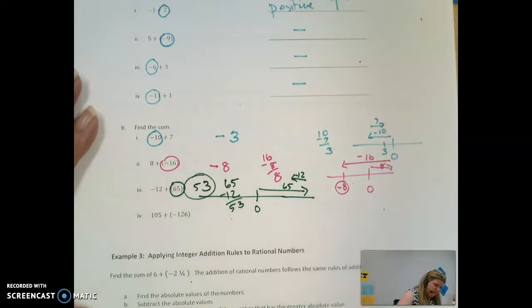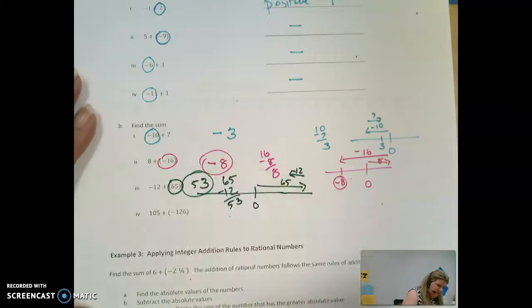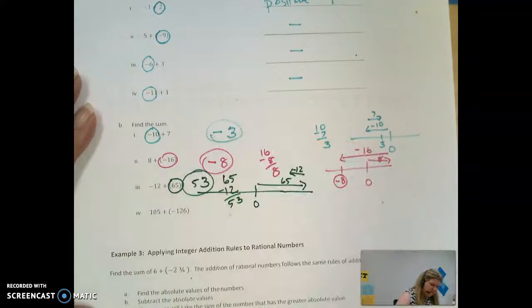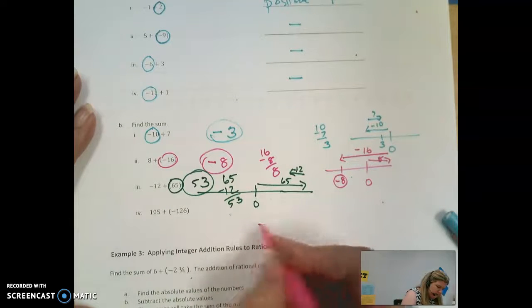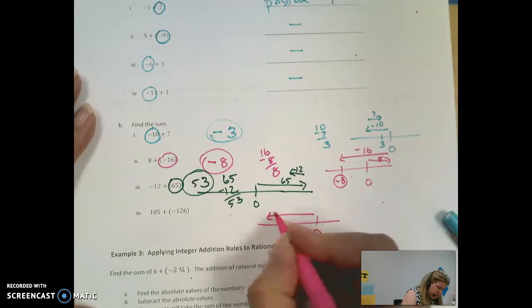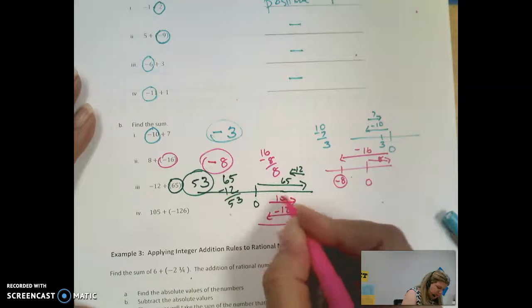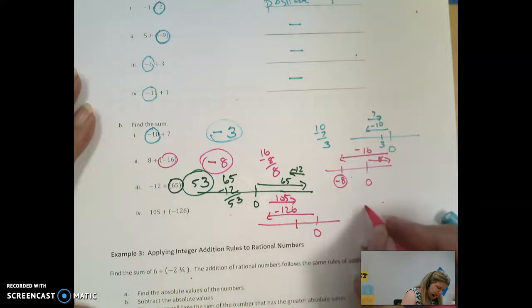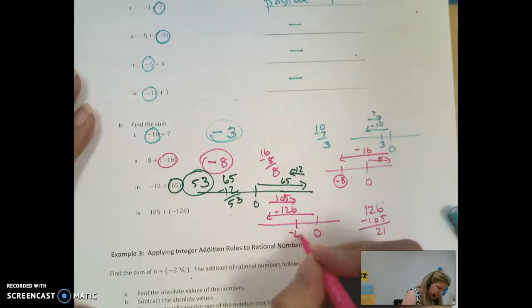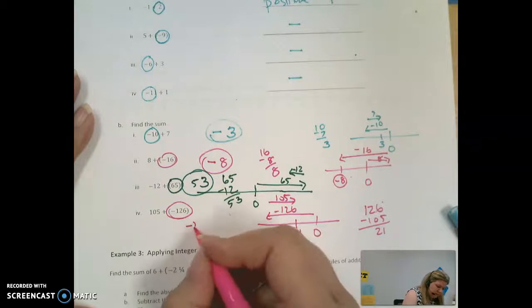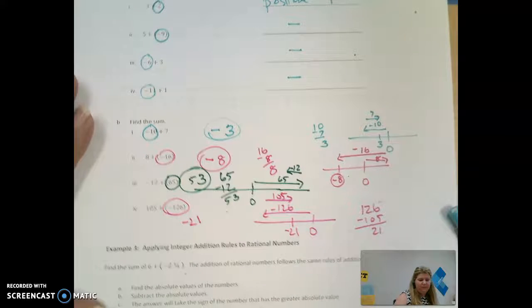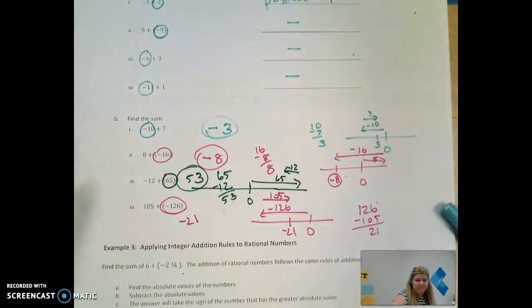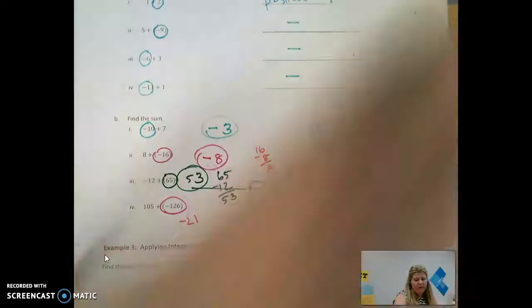We should circle our answers to make them stand out more. That's a good practice to have. And this one, negative 126, positive 105. Your answer here is going to be negative 21. That one had a greater absolute value. It was longer. Okay. I believe I'm going to have to make a third short video for this one.